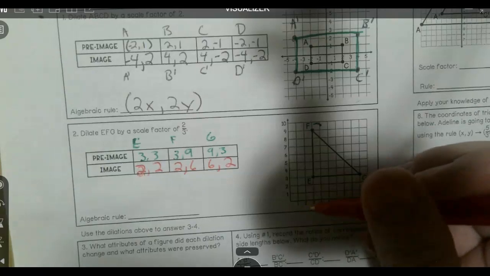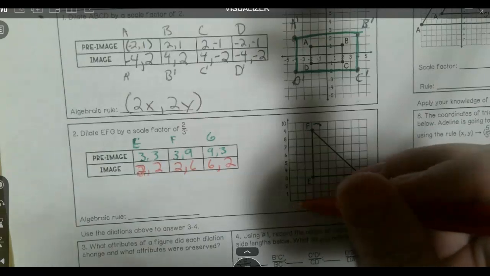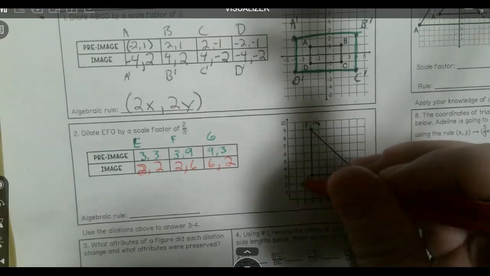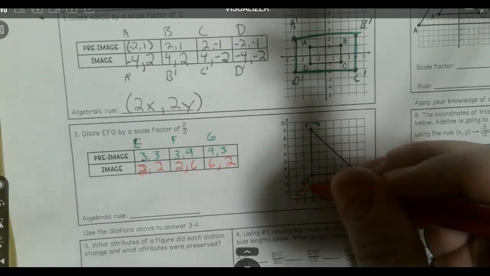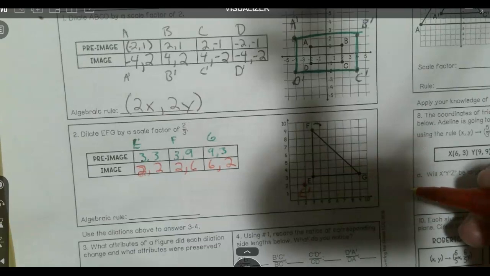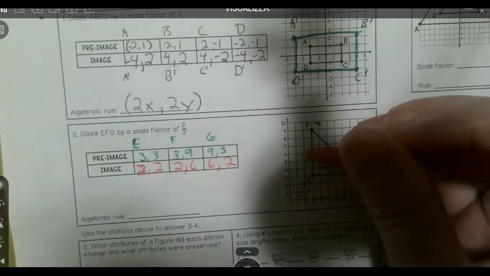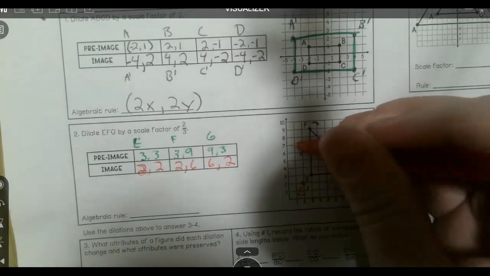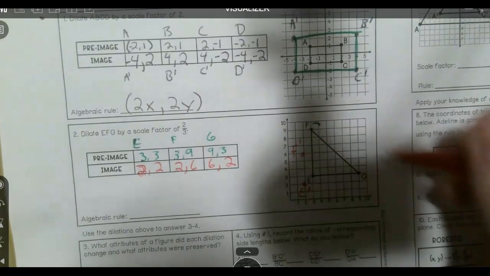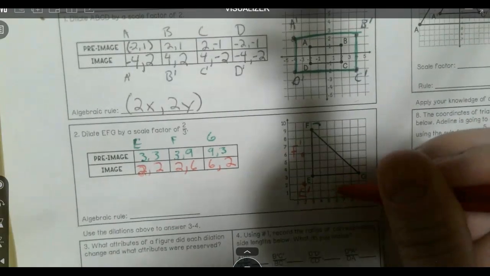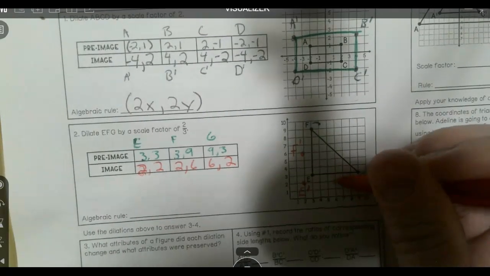Point E prime is going to be at 2, 2, right there. F prime is going to be at 2, 6, right there. And G prime is going to be at 6, 2.